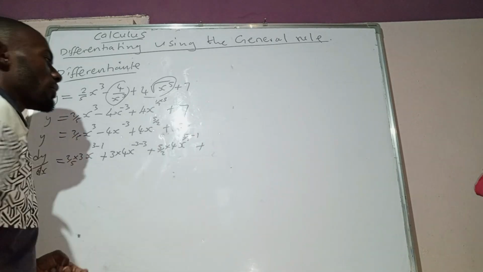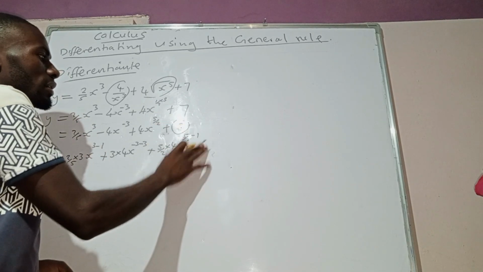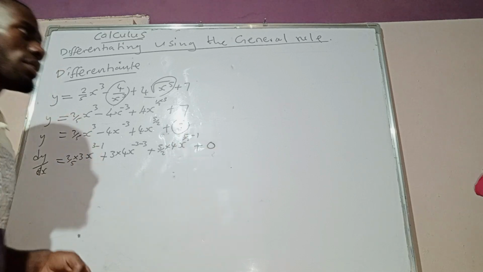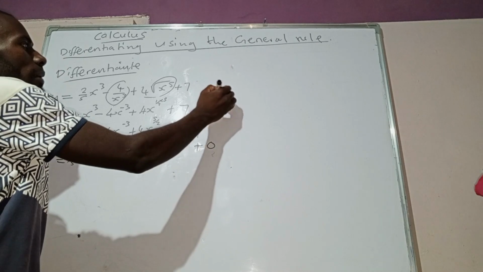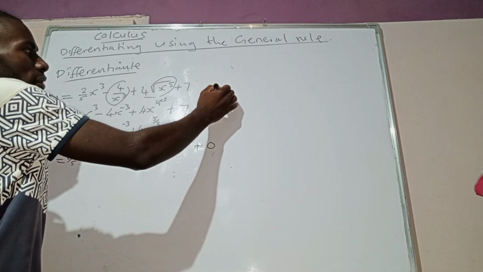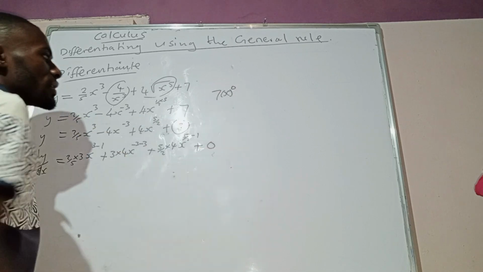So here when you have a constant, when you differentiate a constant, you are going to have a 0. Okay, so how do you have a 0? So remember, same as you have 7 x to the power 0.